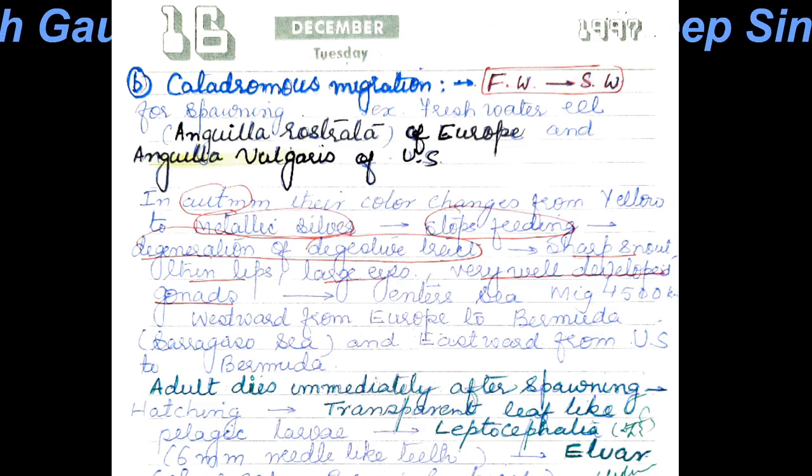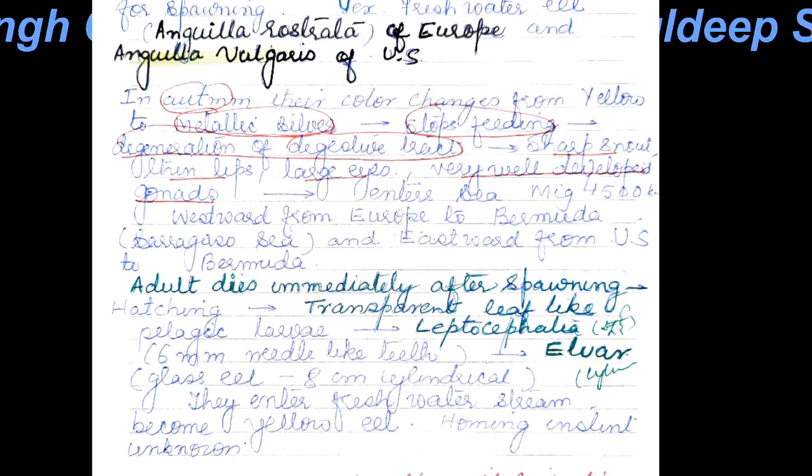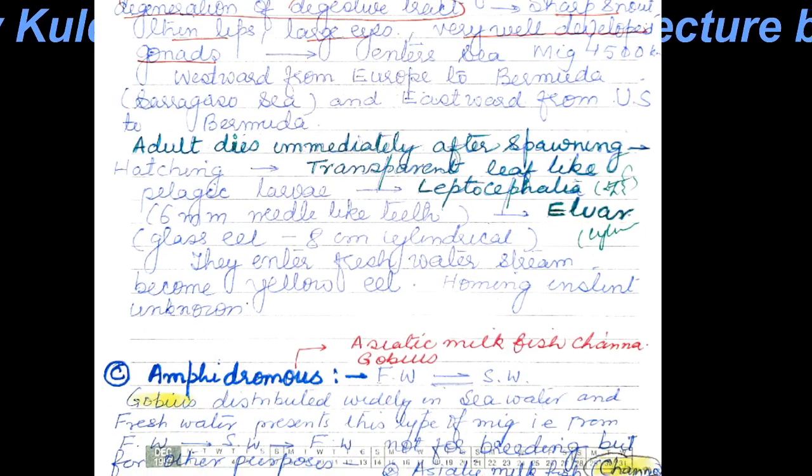After spawning, tragically the adult dies immediately, and the hatchlings are transparent leaf-like pelagic larvae called leptocephali. They become needle-like, 6 mm, called elvers. Then glass eel, 8 cm cylindrical form, and after assuming this form, they enter freshwater streams and become yellow eel, and their homing instinct is still unknown to us.